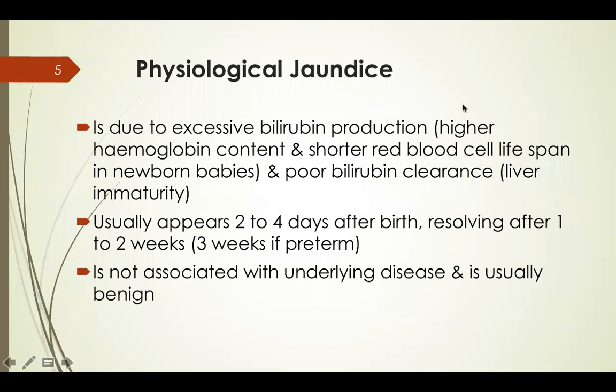So you need to have information such as the mother's blood group, G6PD deficiency, or any other related disease, which can rule out physiological jaundice. Most of the time, when I'm seeing patients in A2.